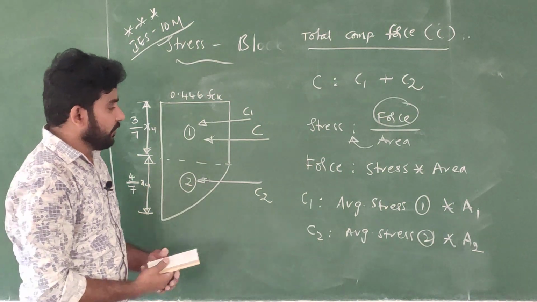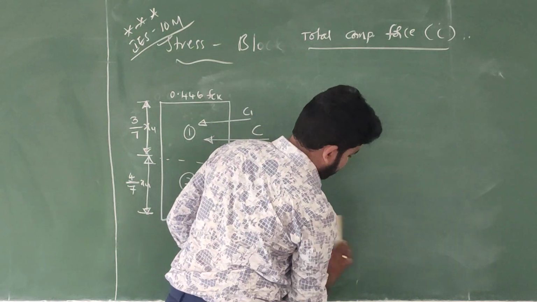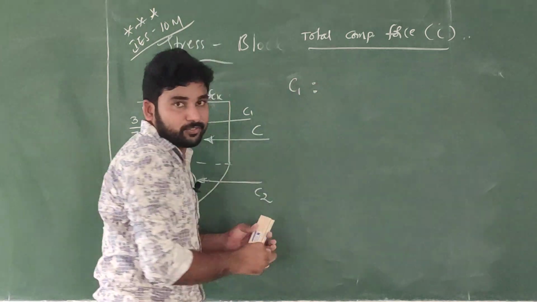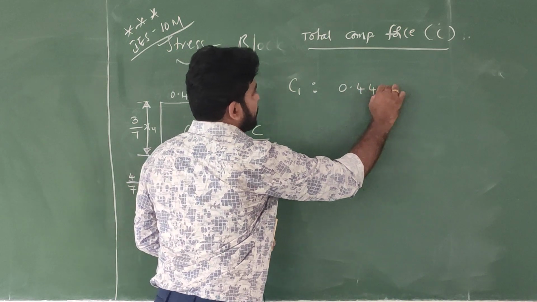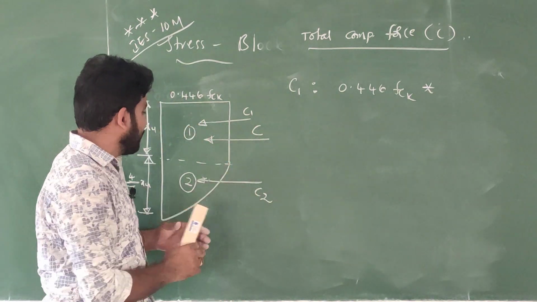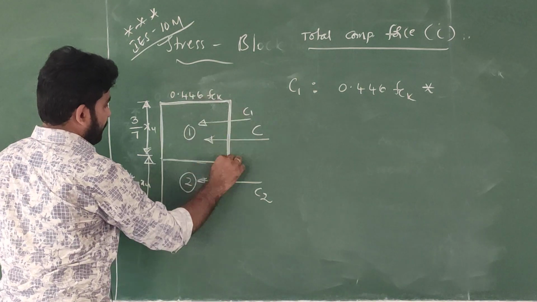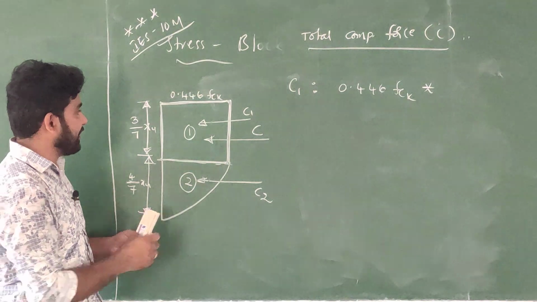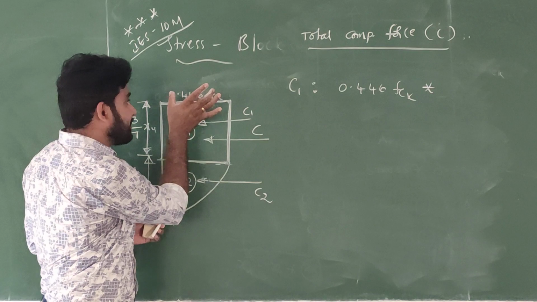Now I am going to find C1 first. C1 equals the average stress 0.446 FCK into the area of block 1. What is this shape? Rectangle. What are its dimensions? Width and depth. This is not the width, this is the stress.